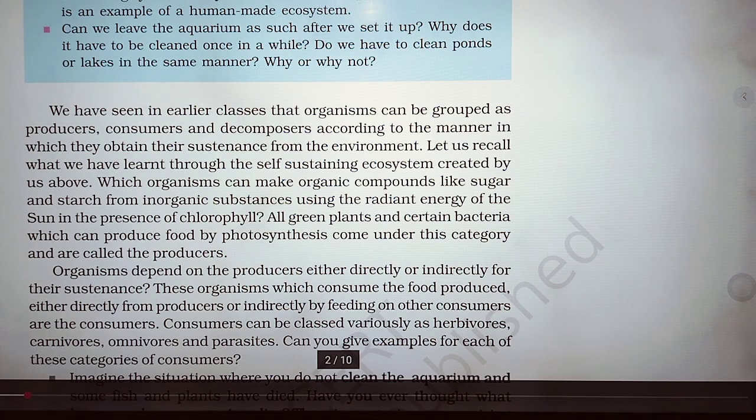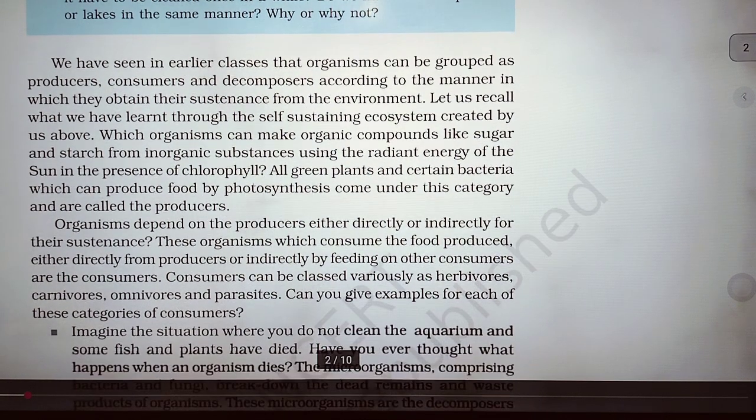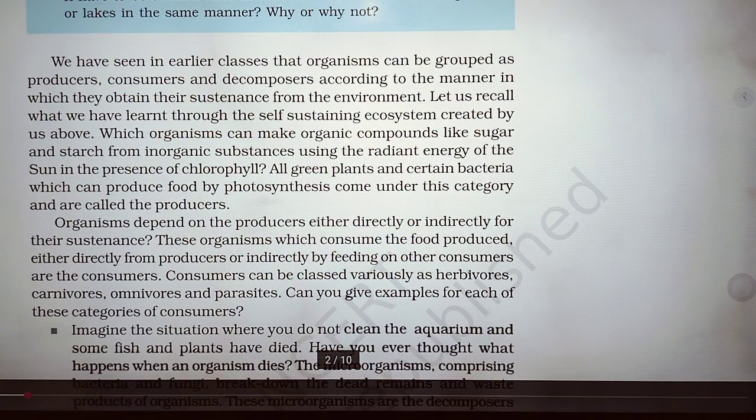Which organism can make organic compounds like sugar and starch from inorganic substances using the radiant energy of the sun in the presence of chlorophyll?